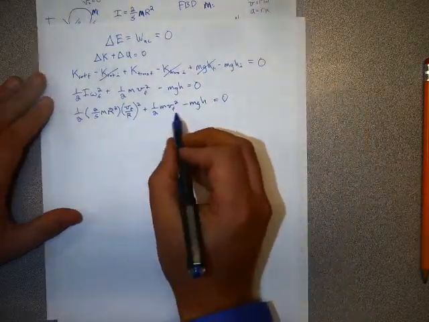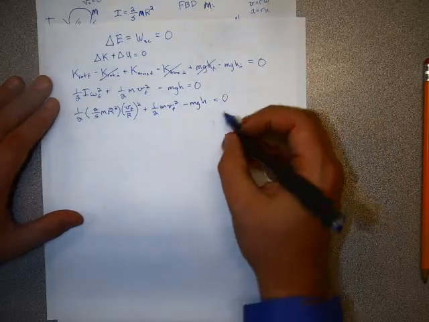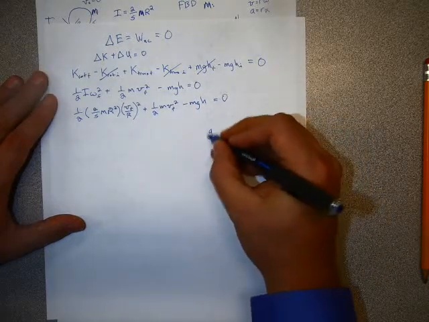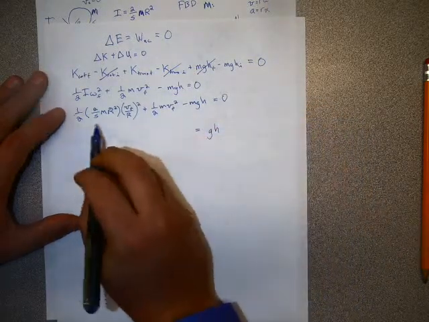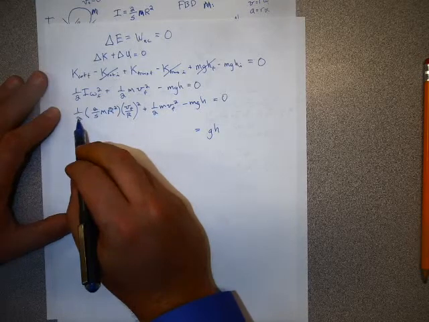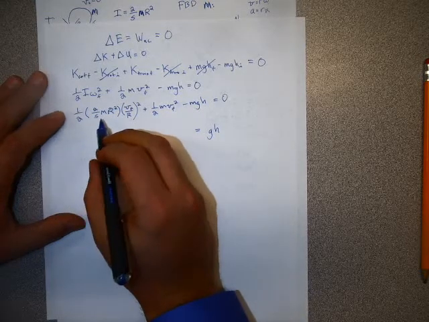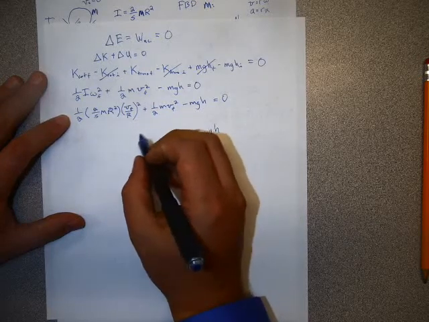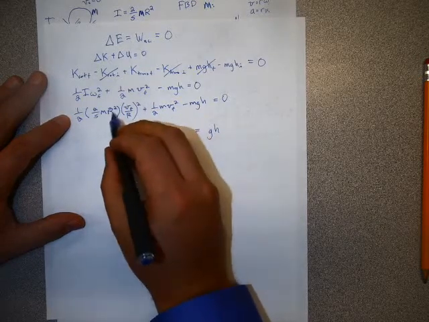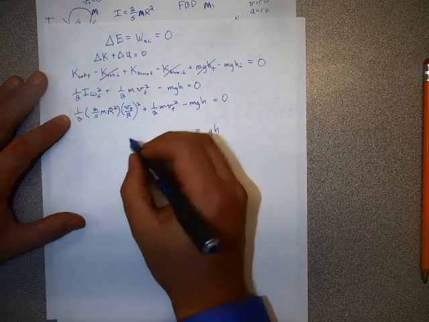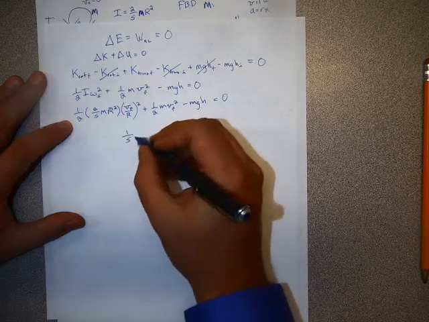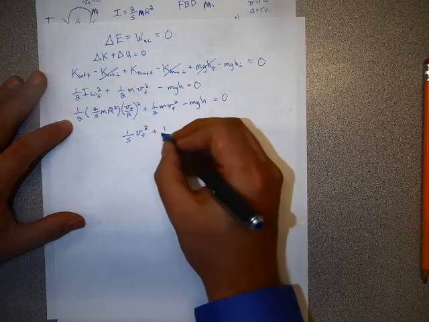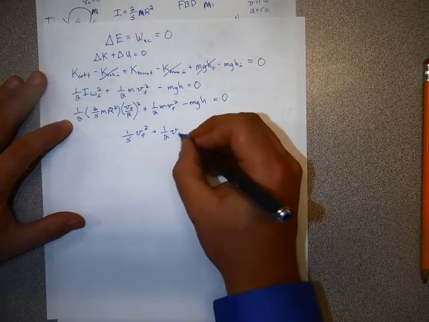So we want to solve now for v final. Notice that each term has an m in it, so they all cancel. We can move the gh over here. On this side, I have 1/2 times 2/5 is 1/5. And the r squared here cancels with the r squared there. So this is 1/5 v final squared plus 1/2 v final squared.